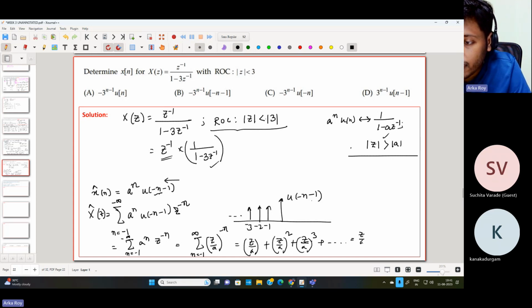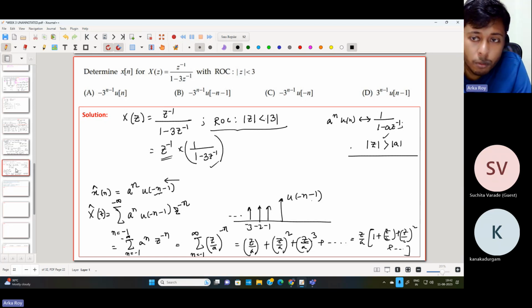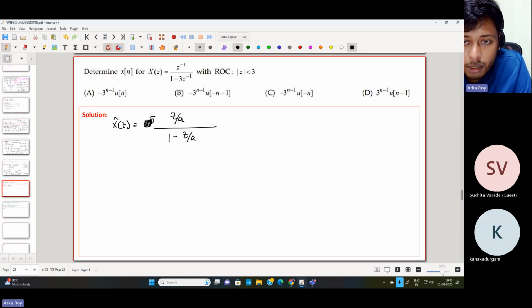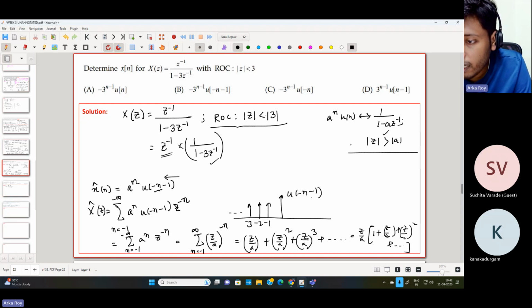So I can take z by a common, and then 1 plus z by a, plus z by a whole squared, and this is again an infinite GP series. So X hat(z) is z by a divided by 1 minus z by a, because I have taken z by a out.